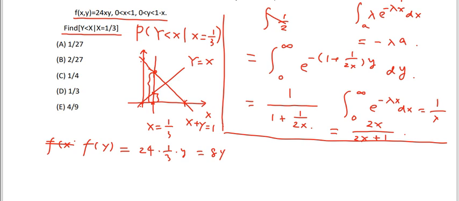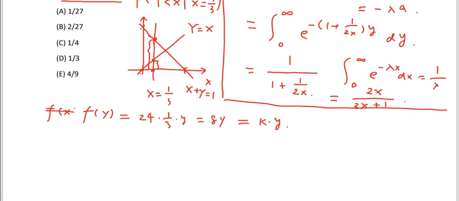But when we replace x by 1 over 3, we cannot guarantee the total probability is 1, right? So for conditional probability we need to adjust it. We can say this is just some coefficient k multiplied by y, where k makes sure the total probability of this conditional distribution becomes 1. What is the k value? Temporarily we don't care about that.